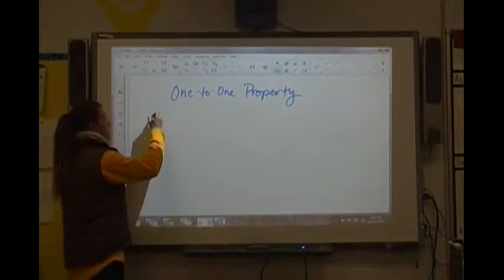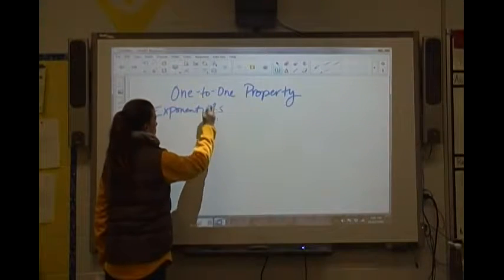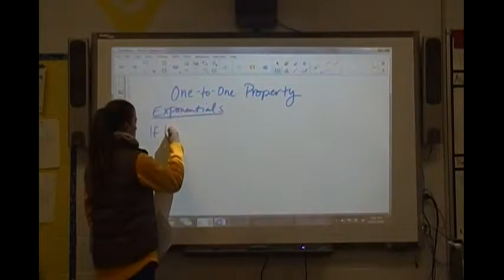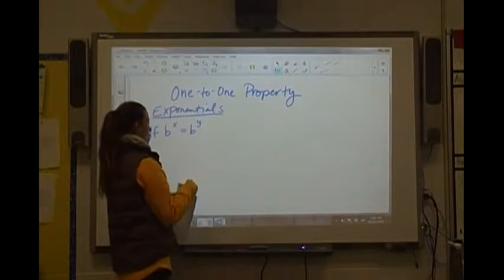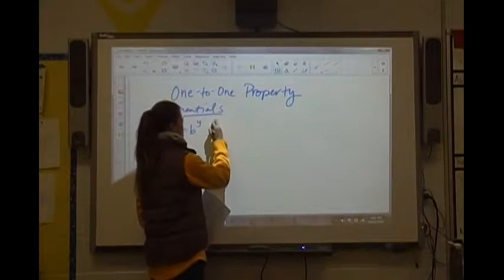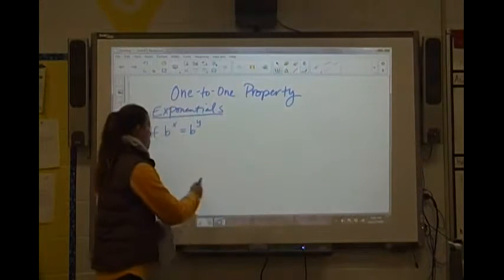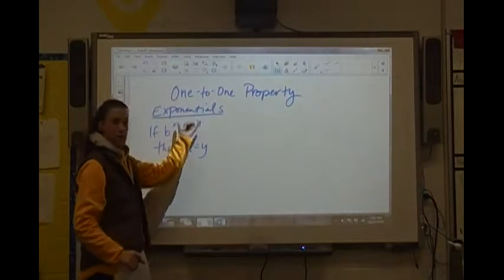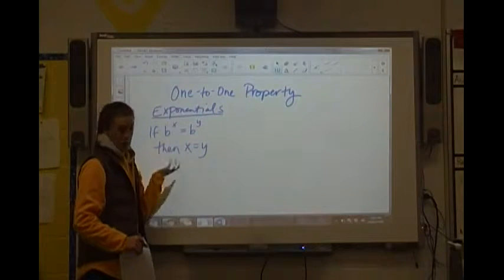If we're talking about exponentials, if b to the x equals b to the y, so the bases are the same, then x is equal to y. Because the bases are the same, the exponents have to be equal to each other.